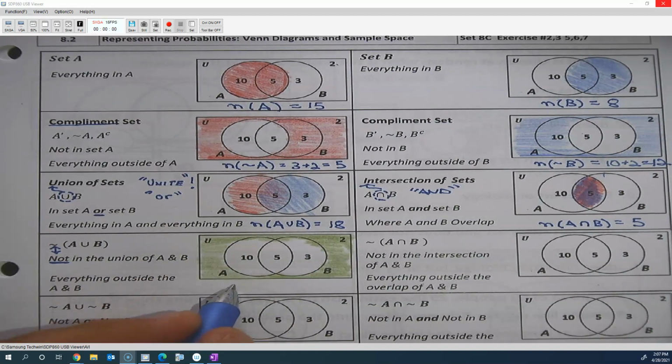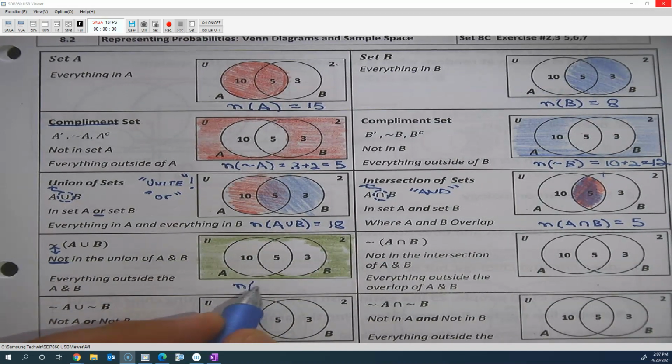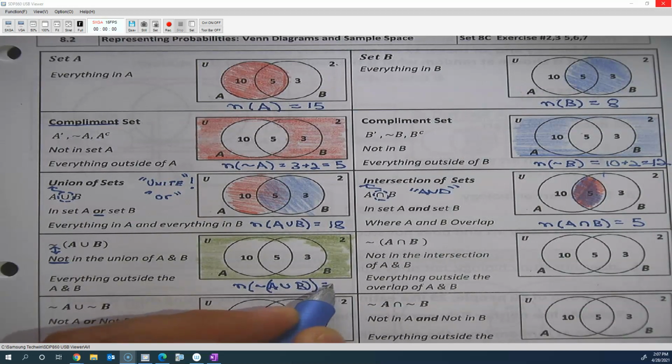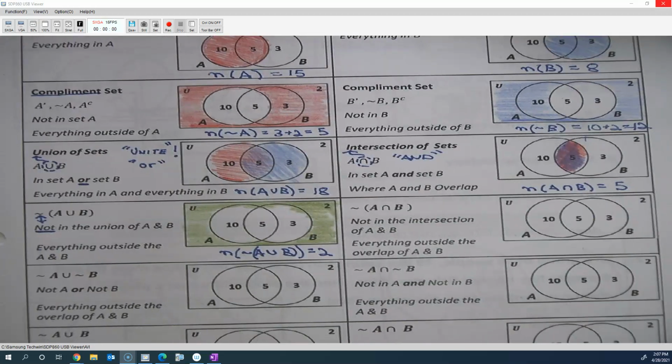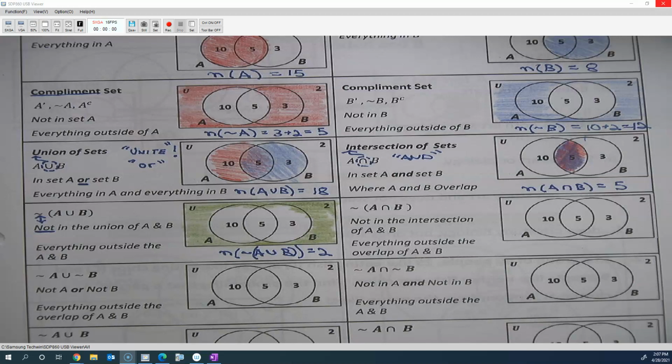And then the number of items of not A or B is 2. Anytime you see the little n, it's talking about the number or how many are in there.